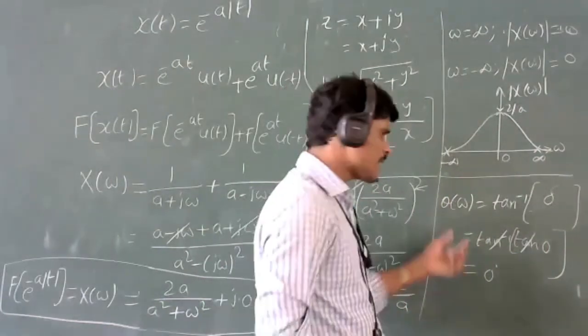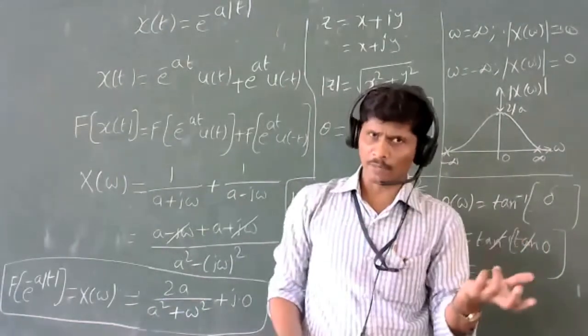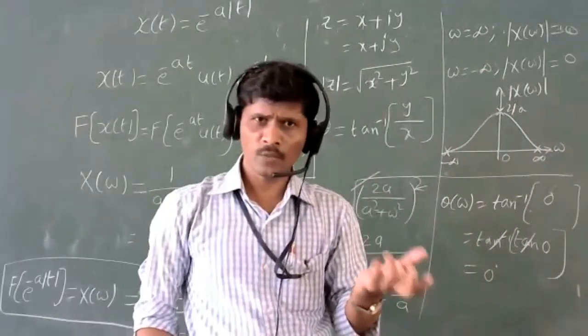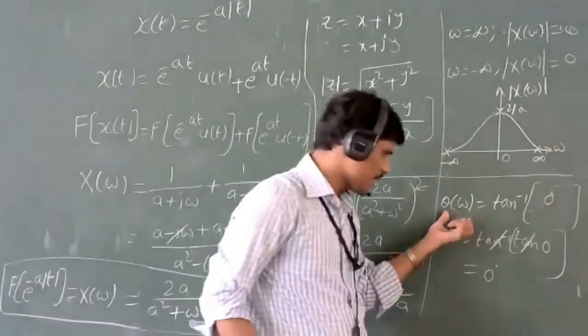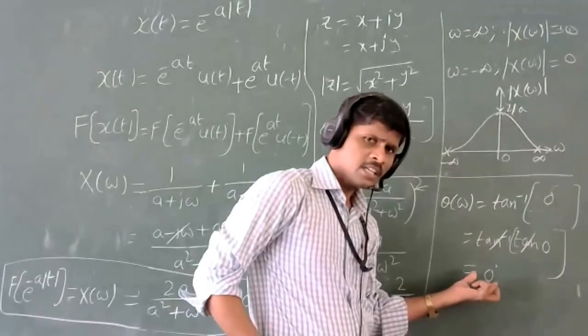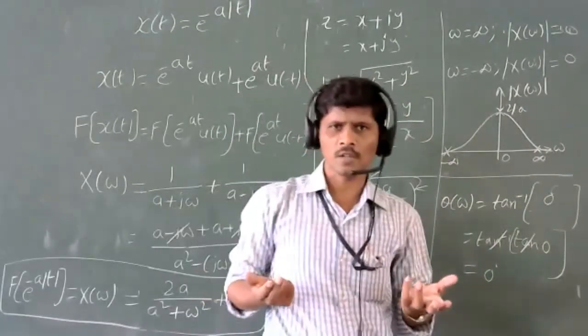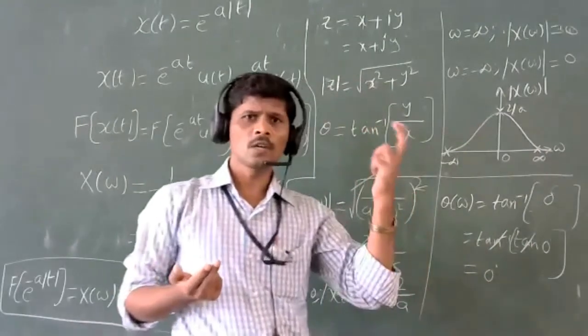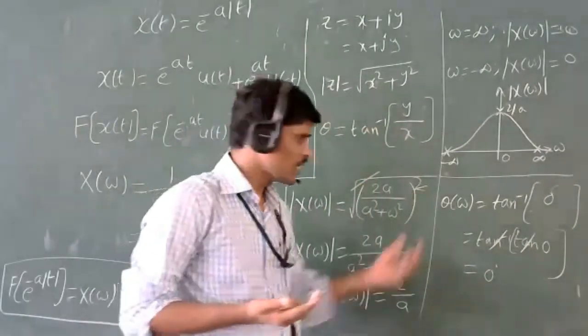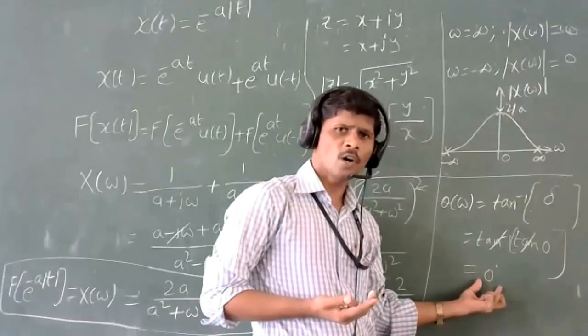Now here the phase angle is independent of the frequency. So in this equation, theta of omega is equal to 0 degrees. In this equation, substitute various values of omega. What are the various values of omega? Omega is equal to minus infinity to plus infinity. The phase angle is independent of frequency.